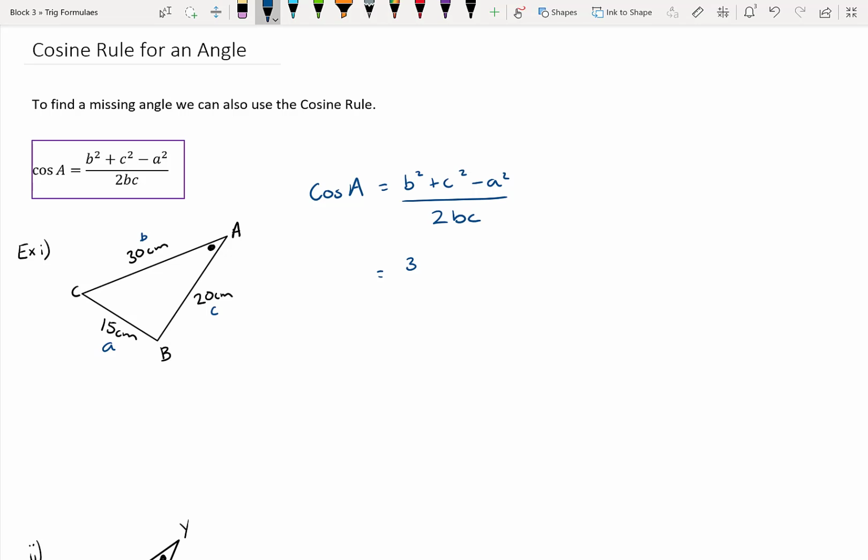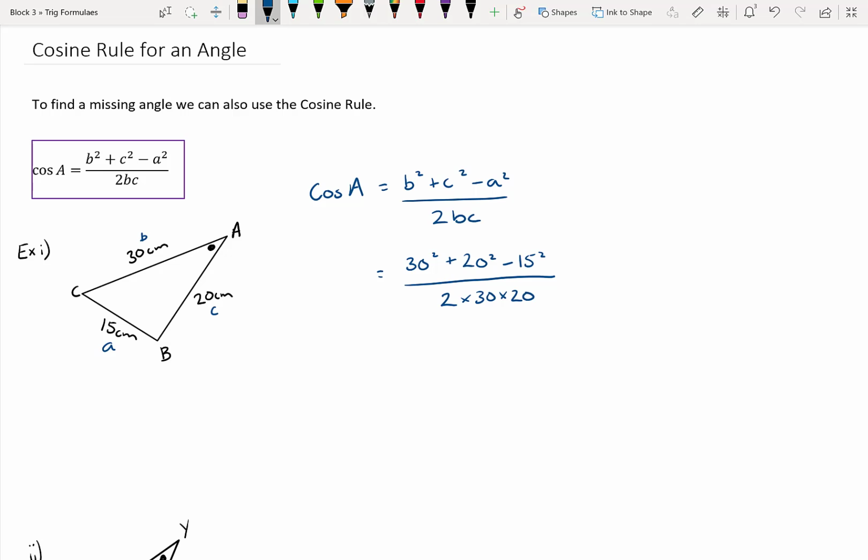Next, I'm going to sub in our numbers. So I've got 30 on the b side, so I've got 30 squared plus 20 squared minus 15 squared all over 2 times 30 times 20.